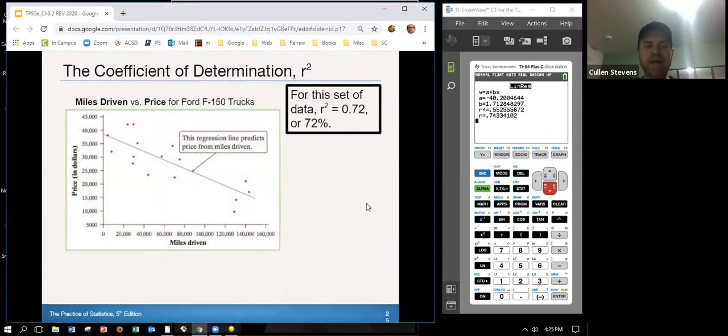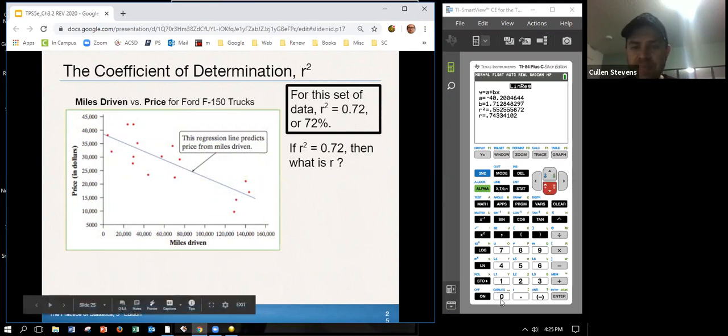So let's go back to the price in dollars and the miles driven. For this data set, R squared was 0.72 or 72%. Okay, so what does that mean? Well, first of all, if R squared is 0.72, then what is R? That's pretty easy, right?